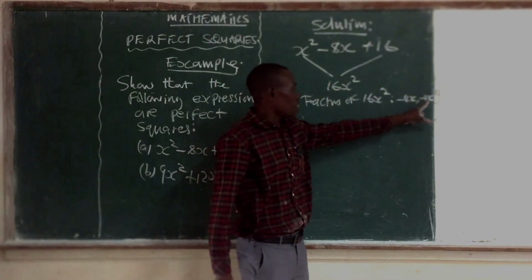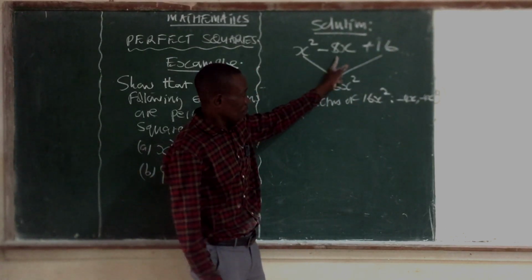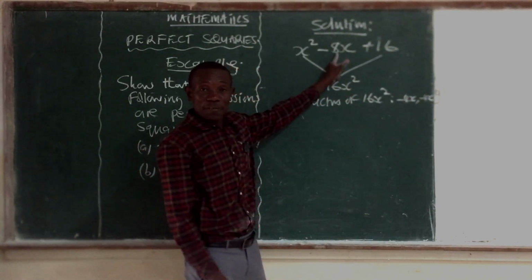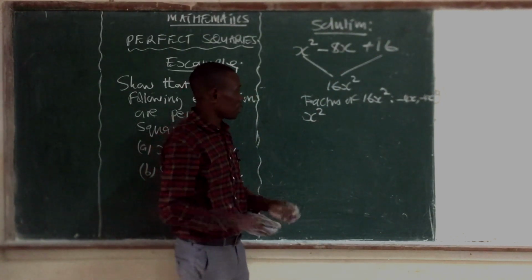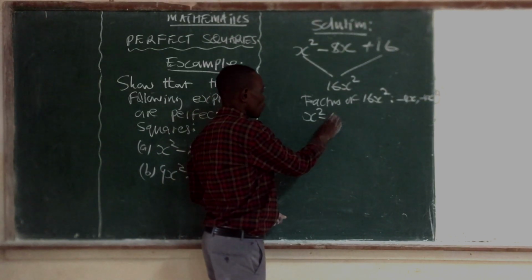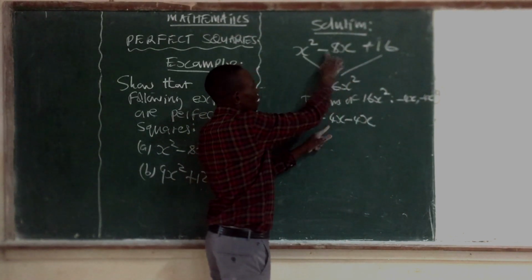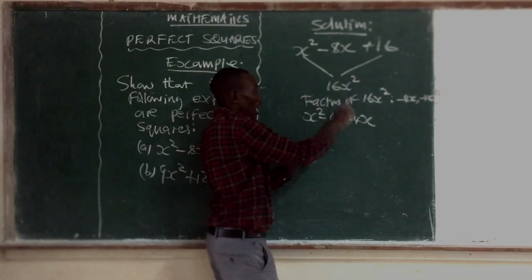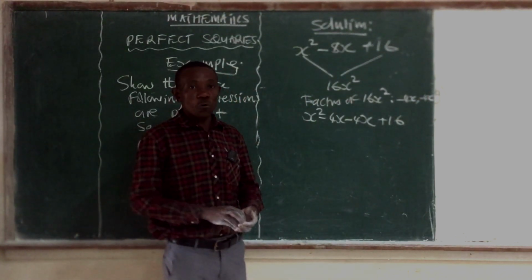As usual, we substitute these two for negative 8x and get an expression with 4 terms this time: x squared minus 4x, minus 4x, plus 16.